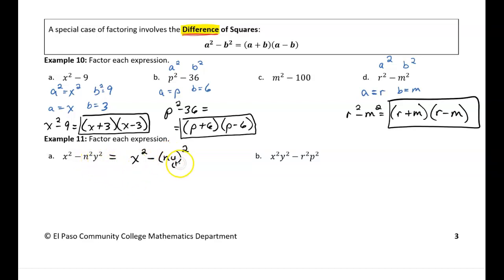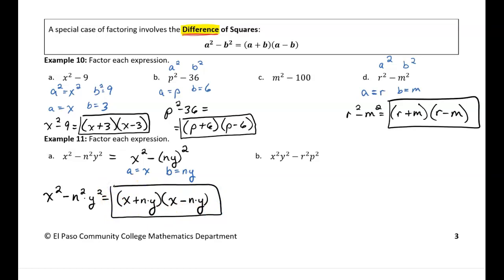So those squares, I can combine into one term, and my a will just be the x, and my b here will be the n times the y, the inside part of it. So from my factorization then, we will set up parentheses. I'll have x plus n times y, add them, and then we'll subtract them. X minus n times y. And we get our factorization.